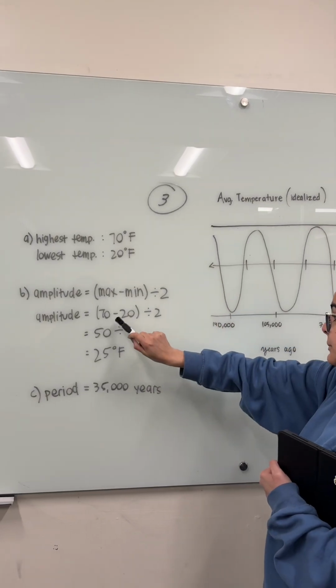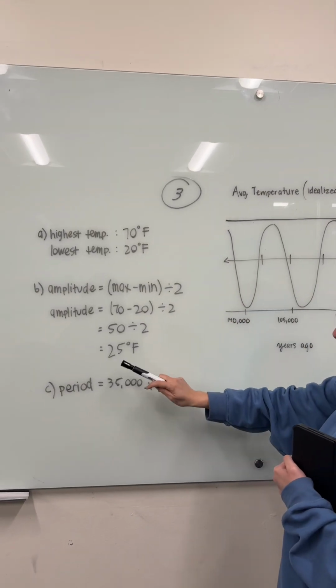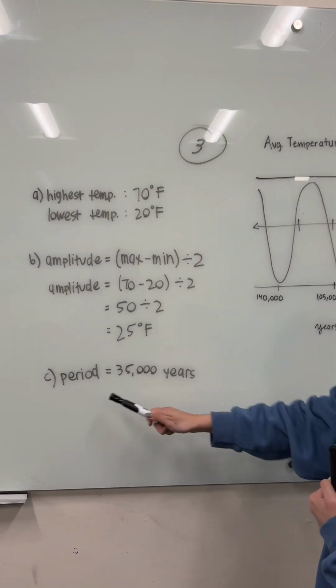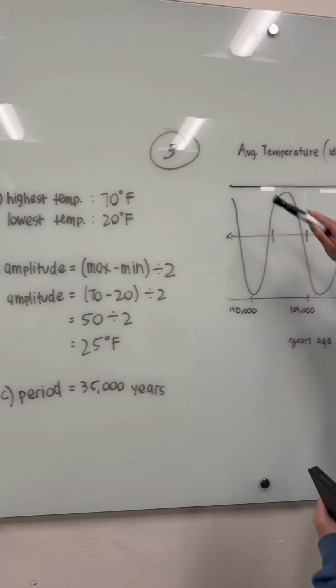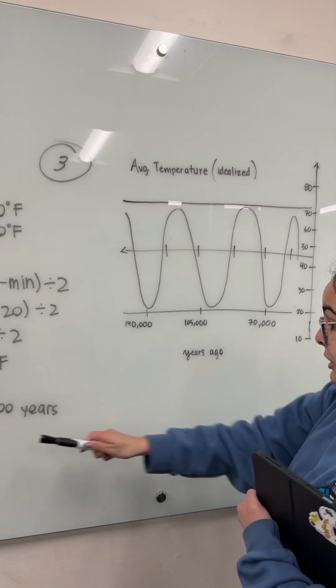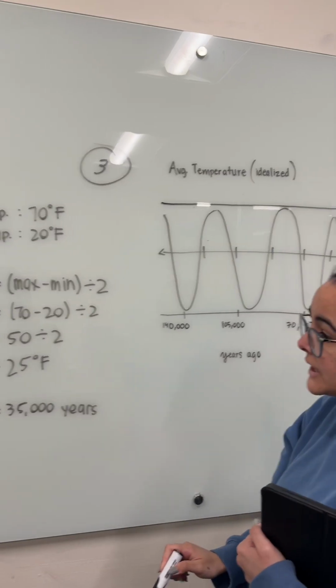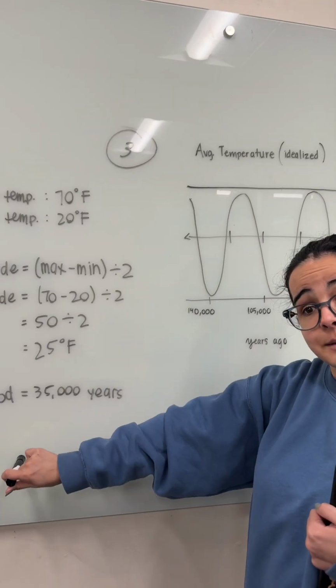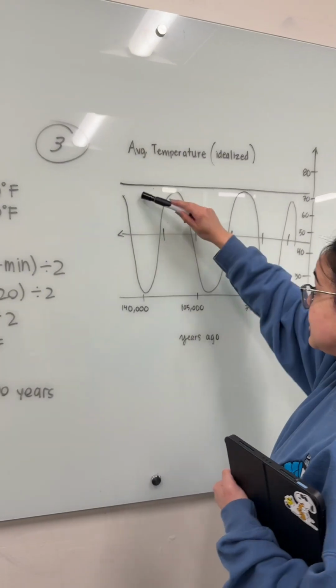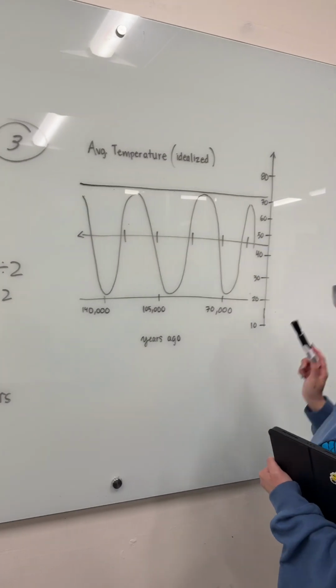So that's 70 minus 20 divided by 2, which is 50 divided by 2, or 25 degrees Fahrenheit for the amplitude. Then it asks for the period of each iteration, which would be 3,500 years. And I didn't write down D, but it asks whether the cycle goes upwards or downwards, and as you can see, it goes downwards.